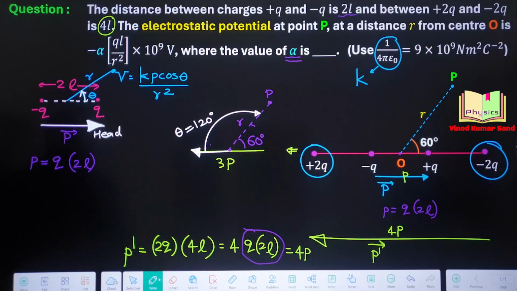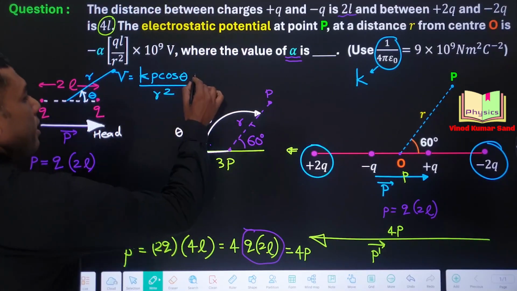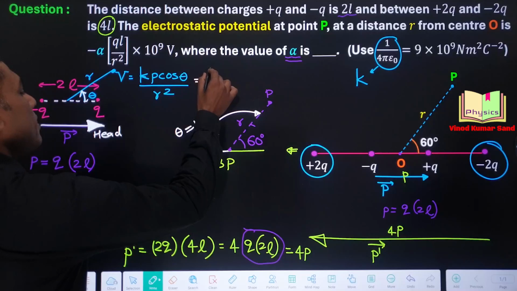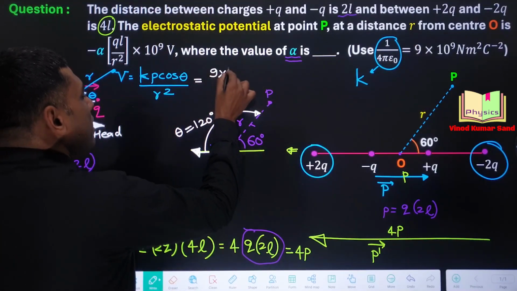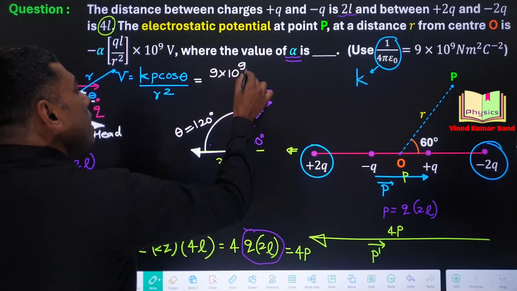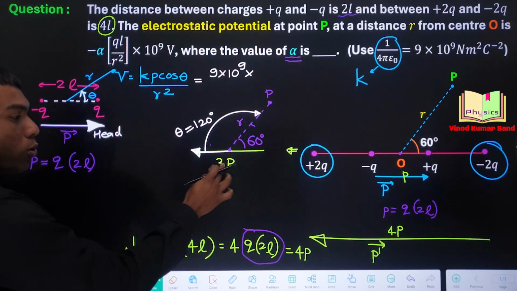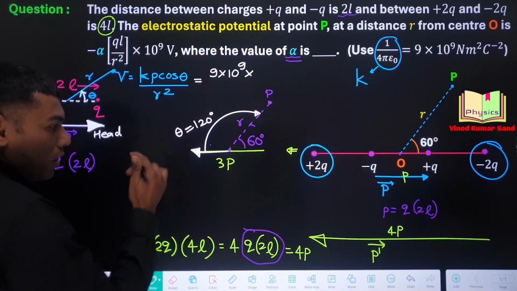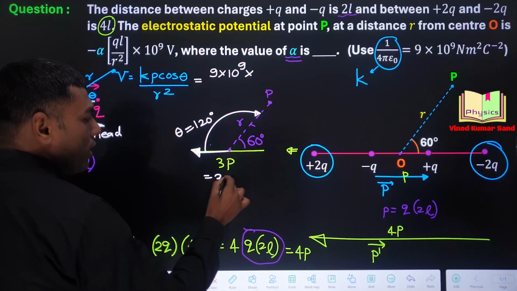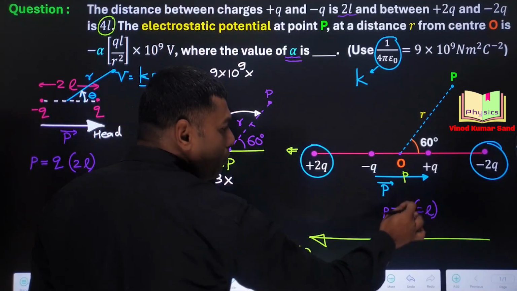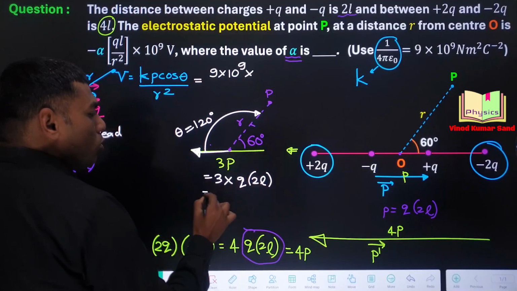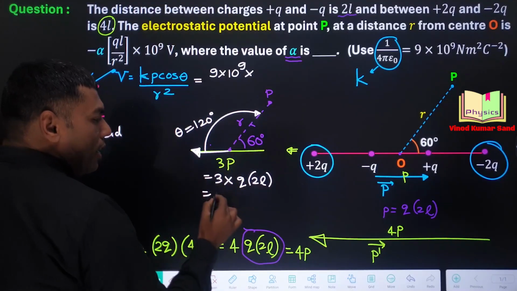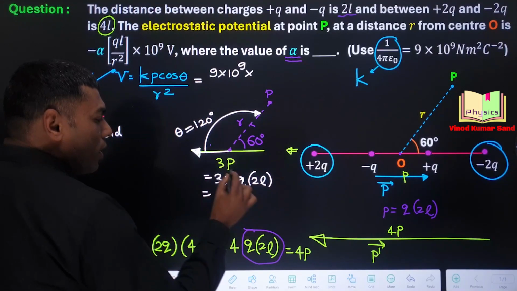Done. Now, let us put up the data for the calculation purpose. K is 9 into 10 to power 9. So put up this data, 9 into 10 to power 9. The P here is actually 3P. And the 3P can easily be written as 3 into, at the place of P, Q into 2L. So this magnitude is basically 6QL. Agree?